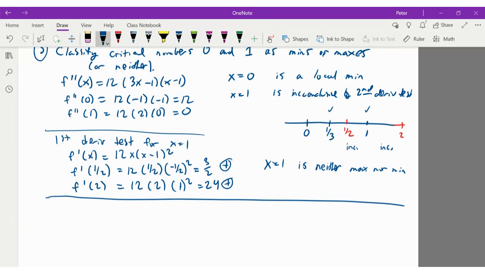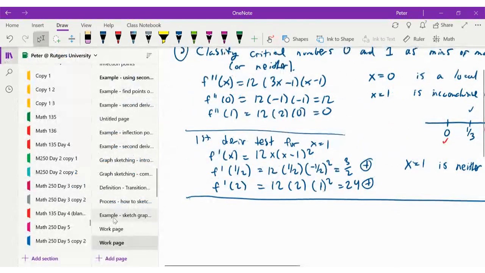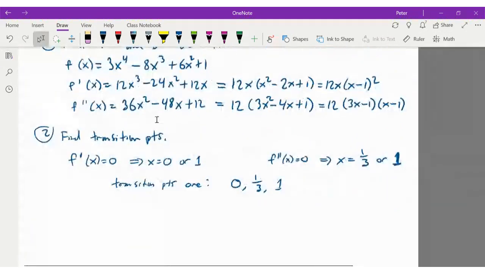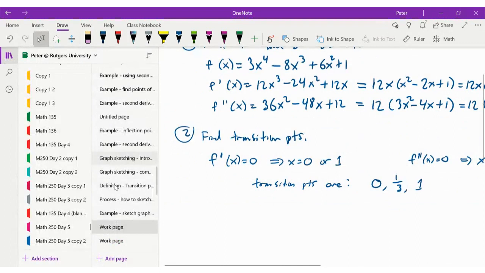We already have some places where we can do that. We're going to use these test values, that one and that one. And that will tell us whether concavity is changing on either side of the 2 points with the check marks, 1/3 and 1. Just recall, the reason we're looking at those points is because these are the ones where f double prime was 0, so that's where concavity might potentially change.